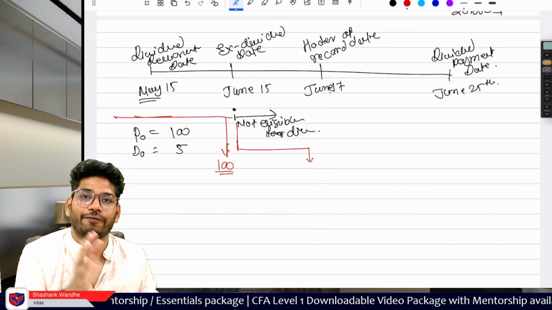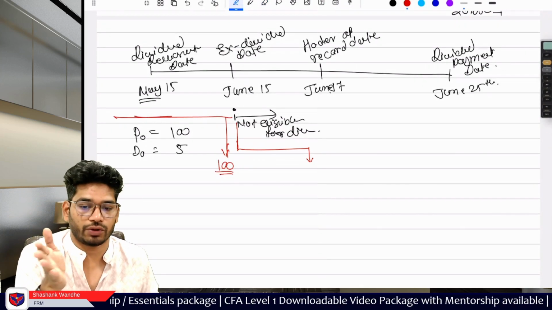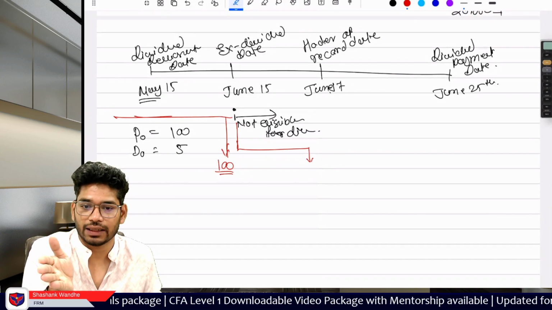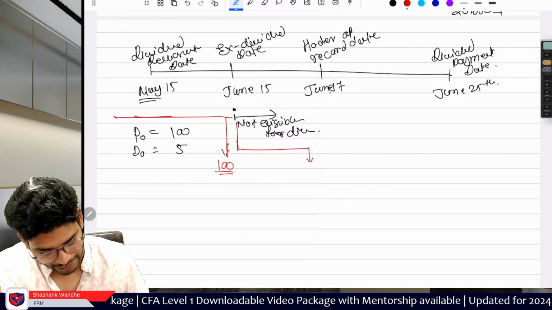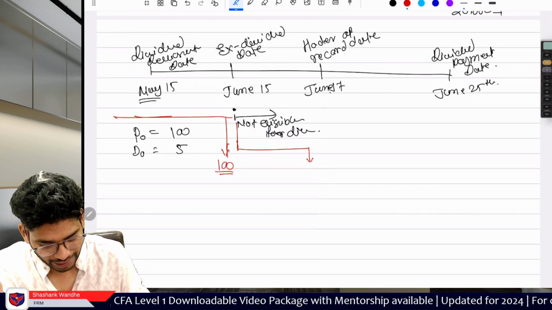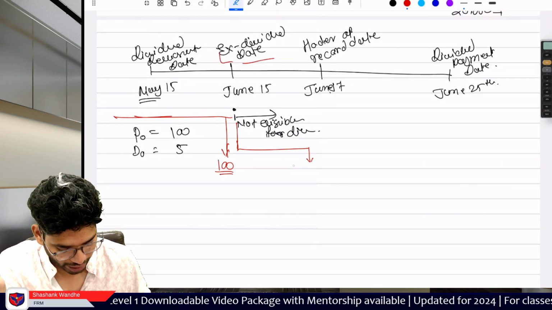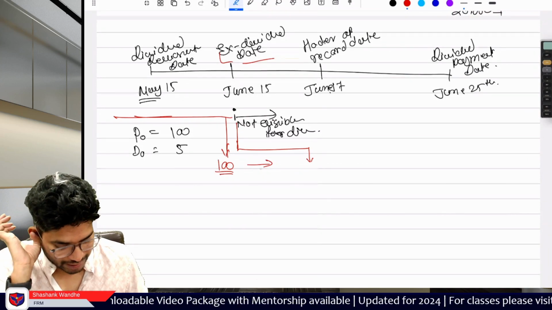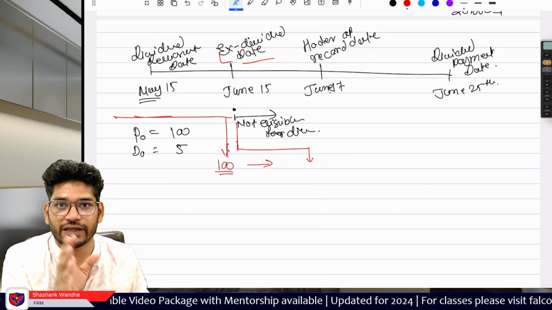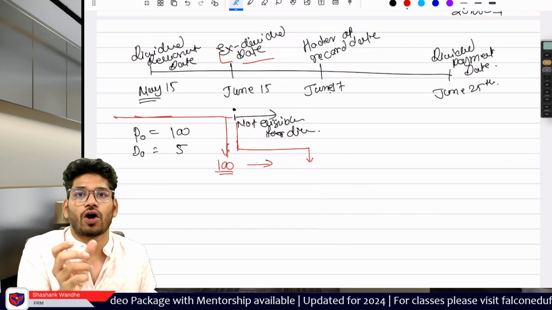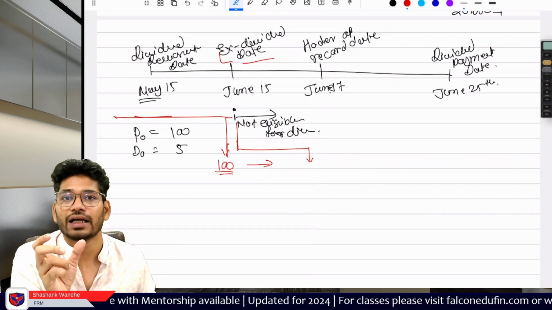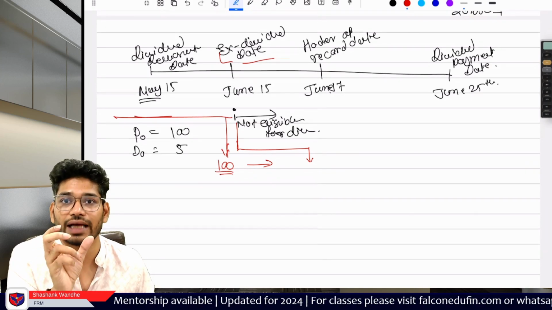Now you purchased the share one day before, and on the next day, the X dividend date, you sell this share to someone. But see what happens. Because now we have the X dividend date, the investor who holds the share on or after the X dividend date is not going to get any dividend.